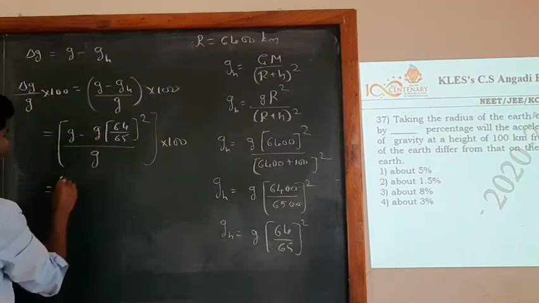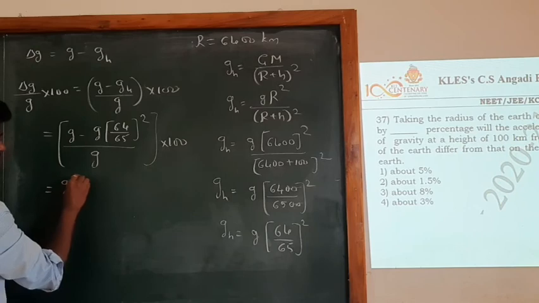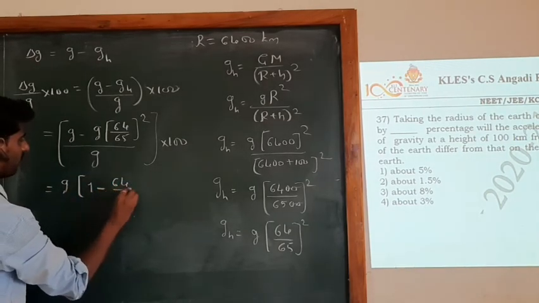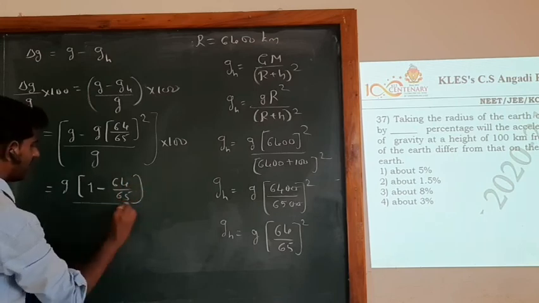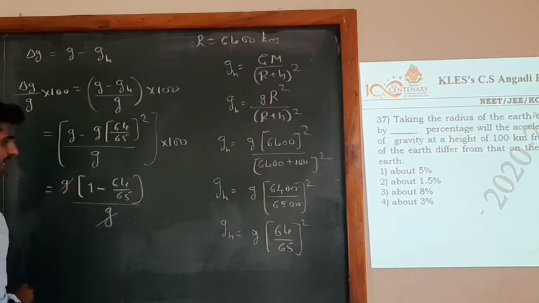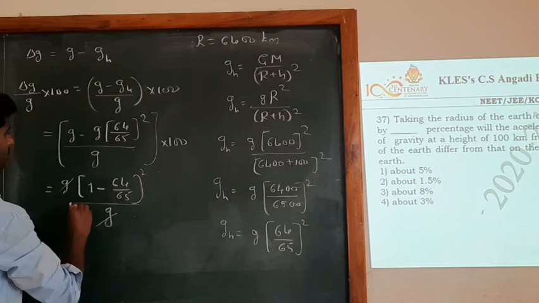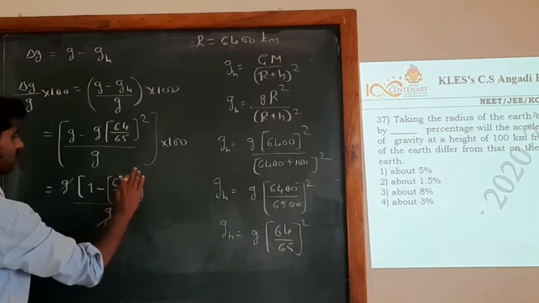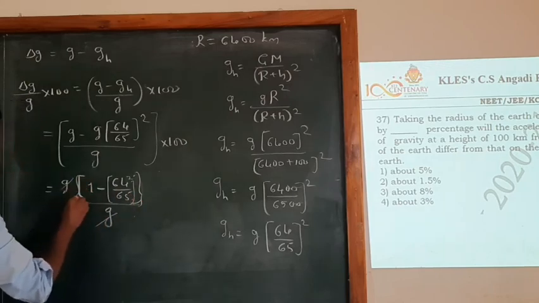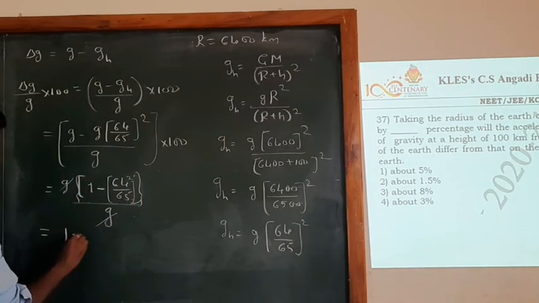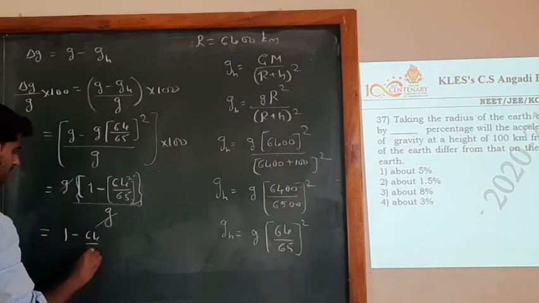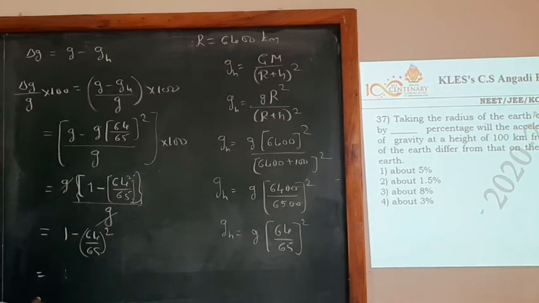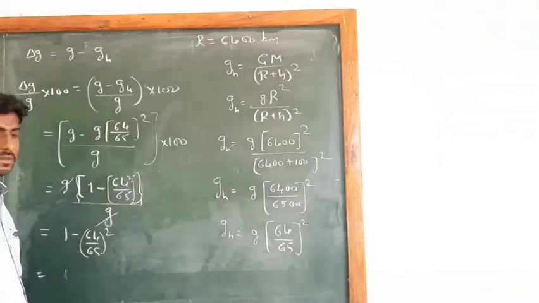Then here I can take the g outside from the numerator, and the remaining term is 1 minus (64 divided by 65) whole square, and the denominator g as it is. This g cancels. Right. So now 1 minus (64 divided by 65) whole square. If you simplify this one, we'll get an answer.